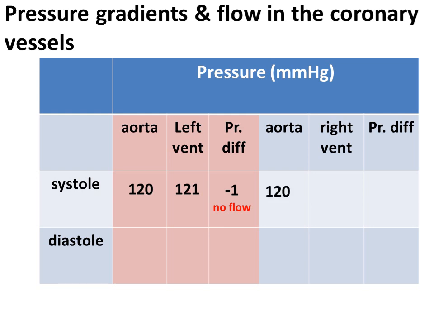During systole on the right side, the aorta is 120, the right ventricle 25, the difference is 95, so flow continues. During diastole, the pressure in the aorta is 80, while in the left ventricle it is 0. The difference is 80 and the flow continues. On the right side, aorta pressure is 80, right ventricle is 0, pressure difference is 80 and the flow continues.